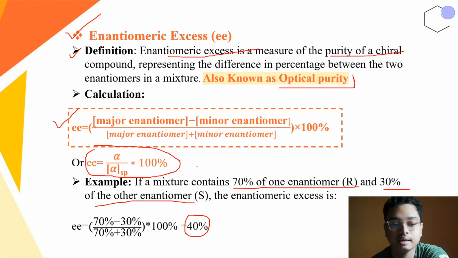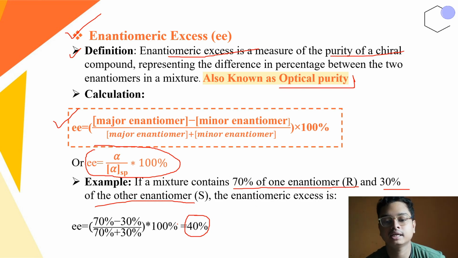Here, the same solution contains 70% of one enantiomer and 30% of the other enantiomer. So what happened? The enantiomeric excess is 40%. What that 40% signifies is that the rest, 60%, forms a racemic mixture, because see here, 70% of one enantiomer R is there and 30% of the other enantiomer S is there.